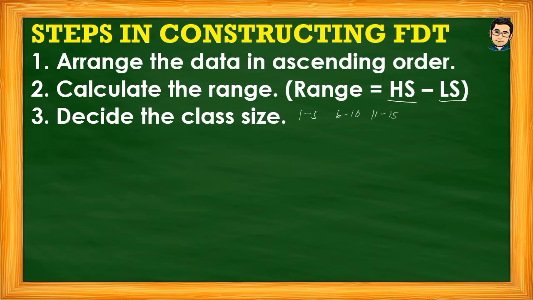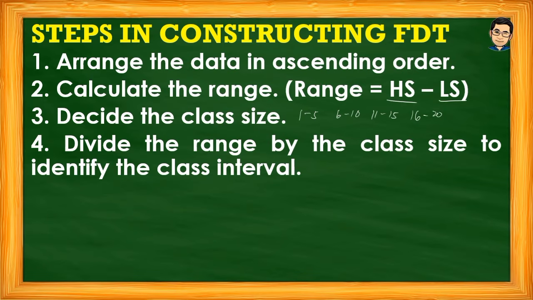And then meron tayong method na ginagamit yun, yung may log. Okay, so pero ito na lang i-discuss ko sa inyo para mas madali siya. Okay. So class size natin dito, halimbawa 11 to 15, 16 to 20. Ayan, ang number of classes natin dito is 4.